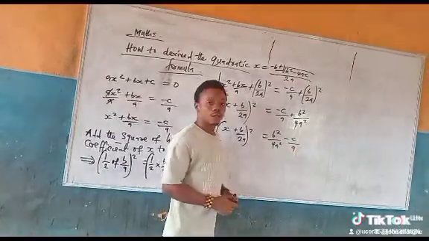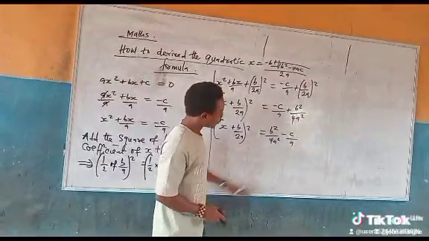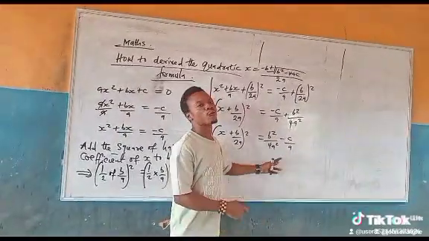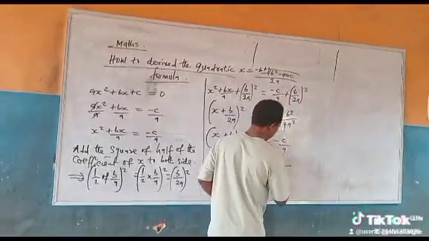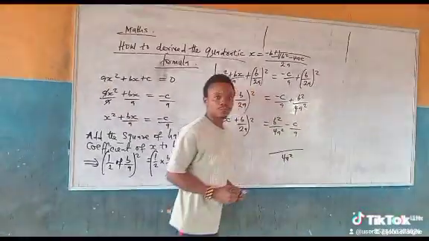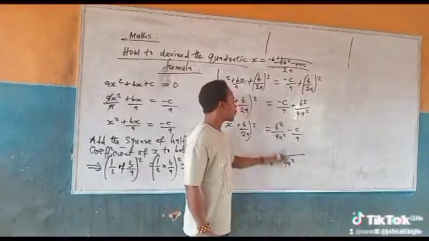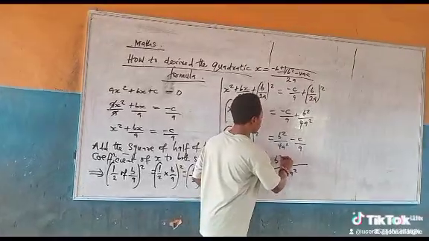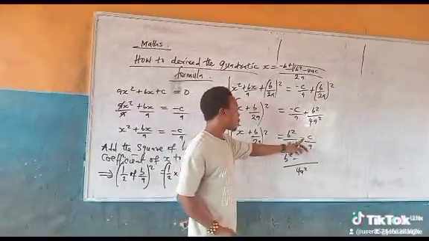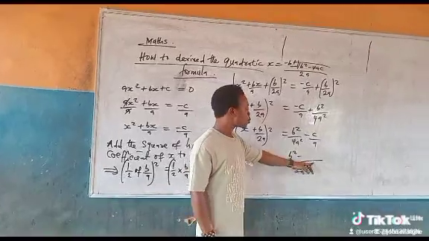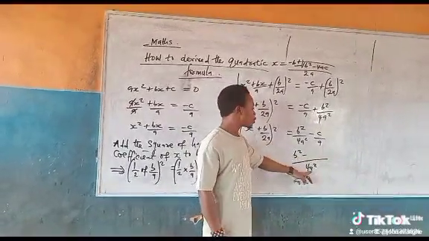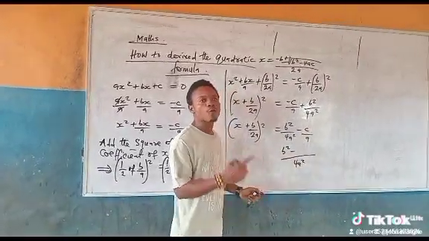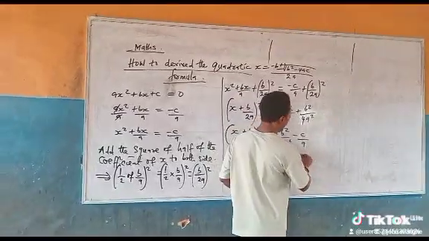Now, from here, the LCM of 4a squared and a is 4a squared. 4a squared divided by 4a squared is 1. 1 times b squared is b squared, minus, look at the minus. 4a squared divided by a is 4a, times c, it will become 4ac.